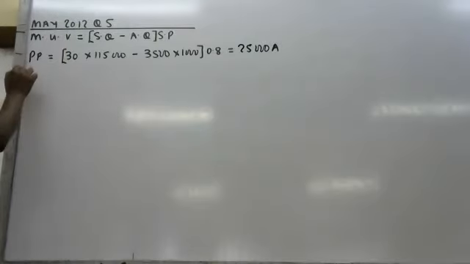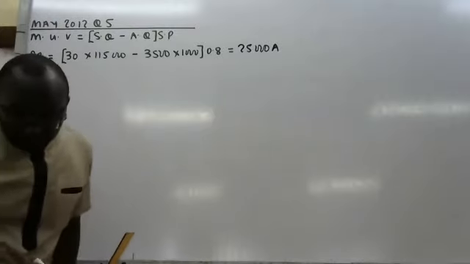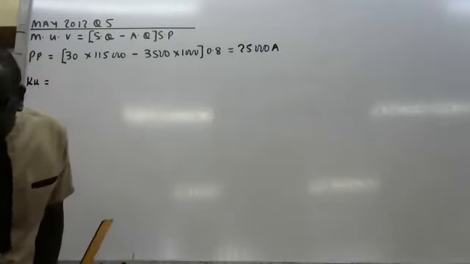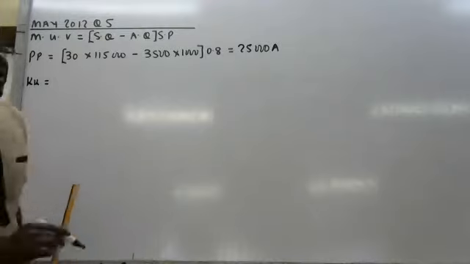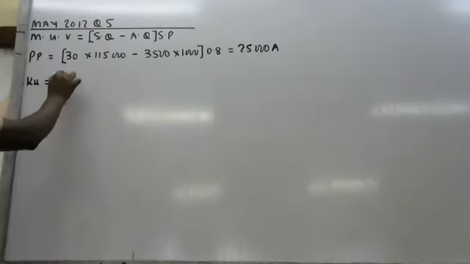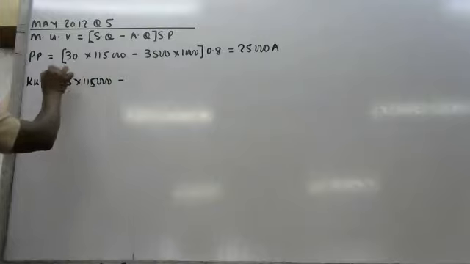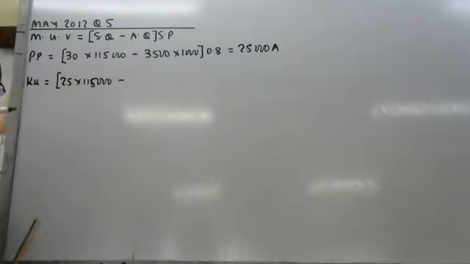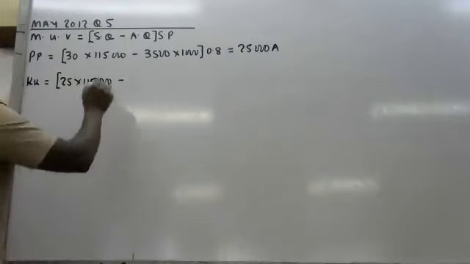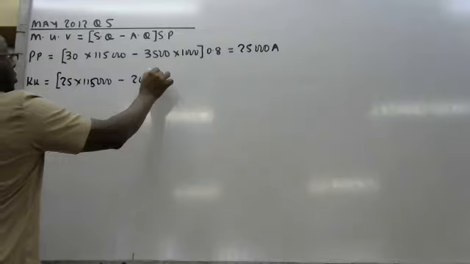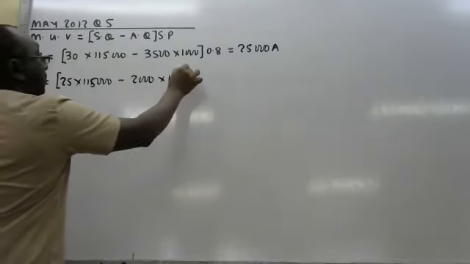Then the other one is KK. For KK, we were supposed to use 25 grams. So it's 25 times 115,000, minus, we actually used 2,000, so times 1,000.